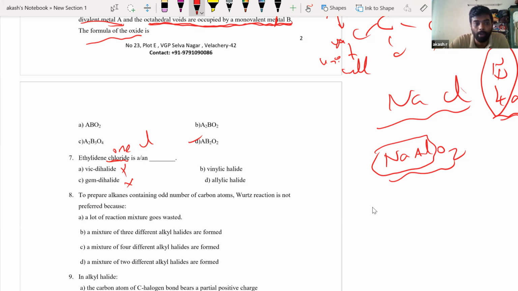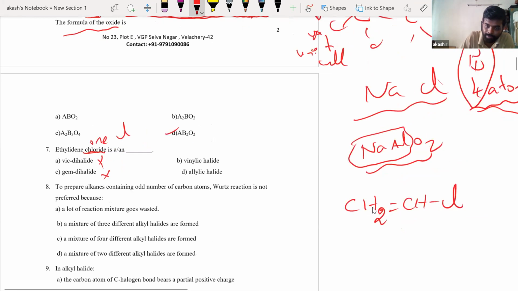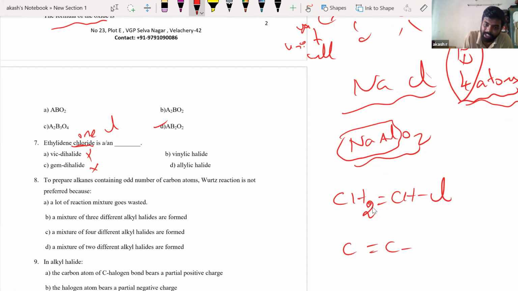Now ethylidene is nothing but CH2=CHCl. This is my ethylidene chloride. Now we know that if I have a C=C, and there is a functional group directly attached to the carbon having the double bond, that carbon atom is sp2 hybridized.